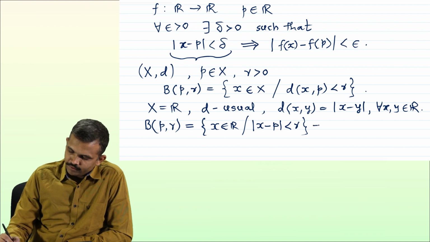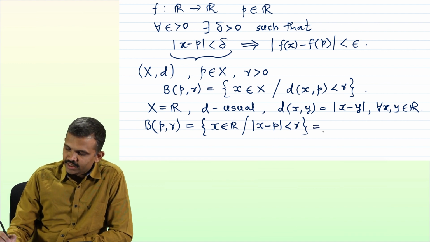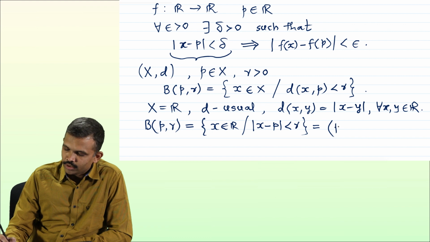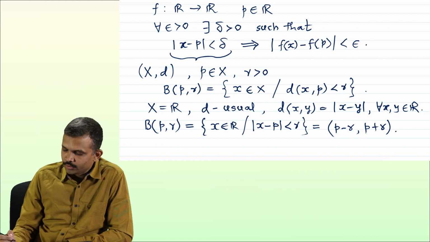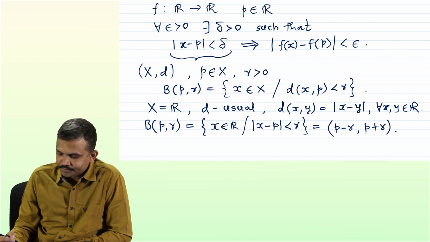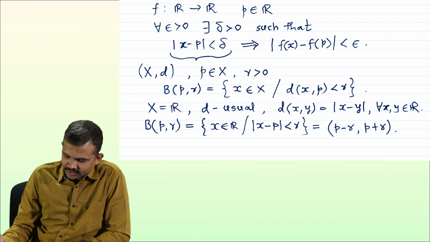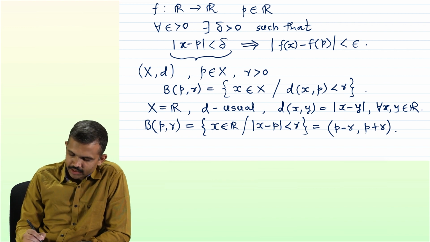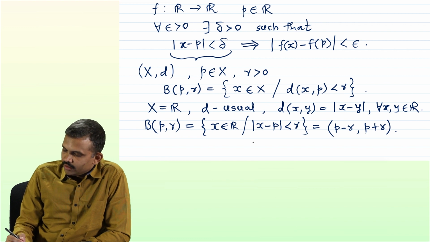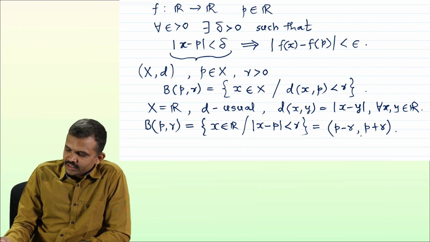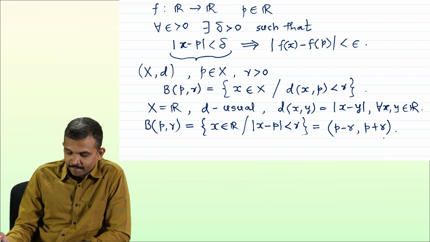But we have definitely studied that this set is nothing but an open interval (p - r, p + r). This can be proved simply using the properties of mod. So this is the very first and very simple example: any open ball in the set of real numbers with the usual metric is going to look like an open interval (p - r, p + r).